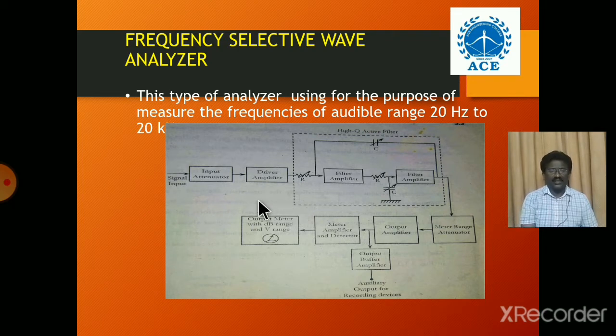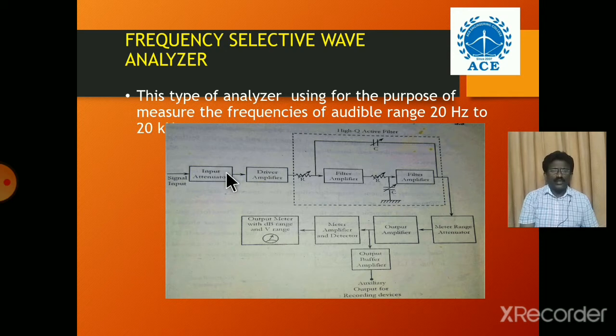The complex waveform is fed to the input attenuator. This attenuator allows a large range of signal amplitudes to the selective amplifier.